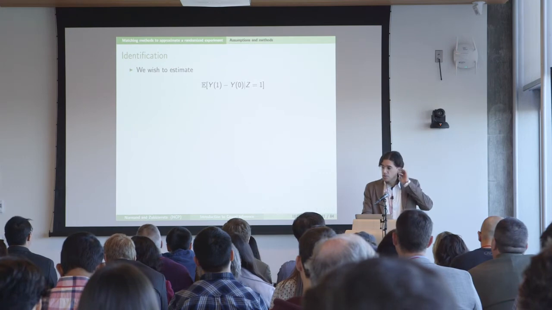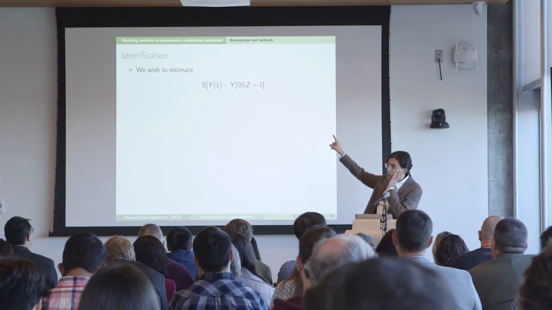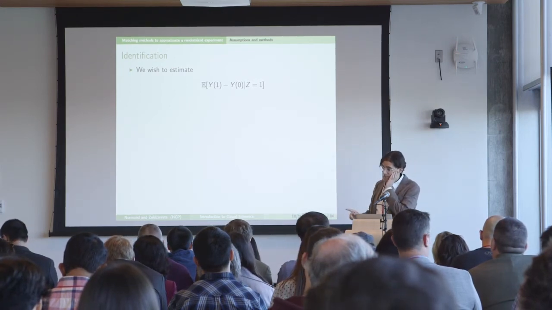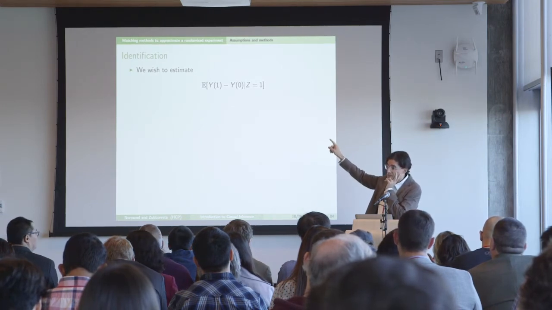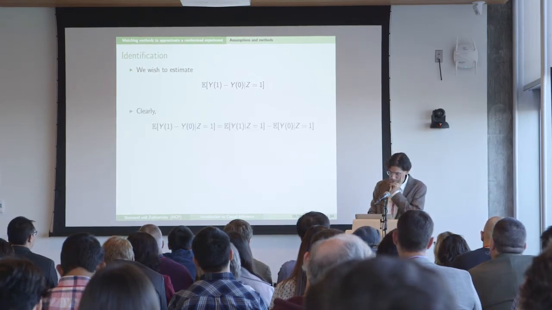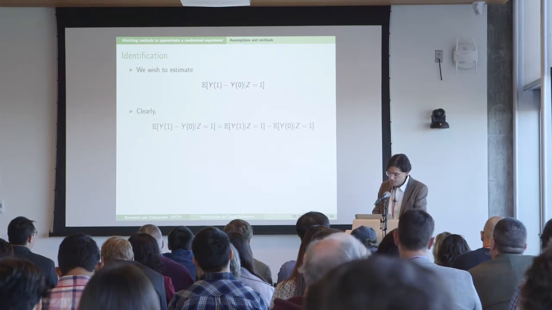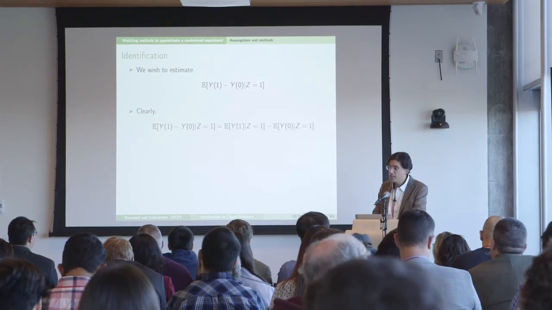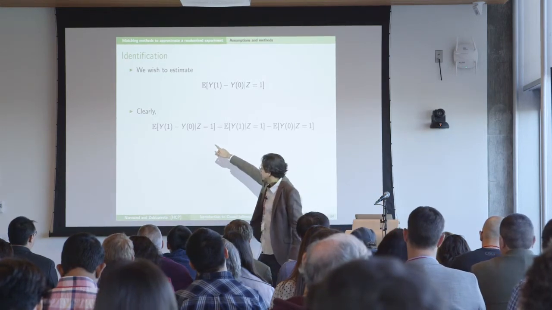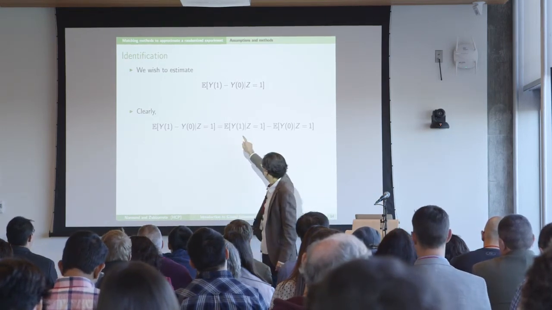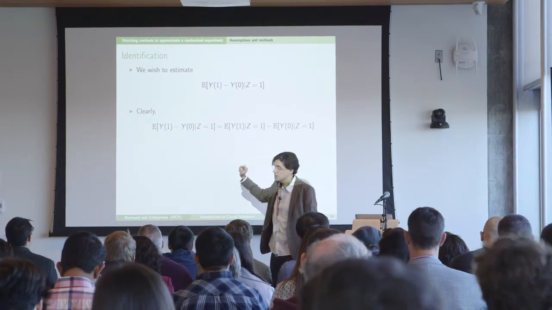Under these assumptions, we can see the quantity that we wish to estimate from the observed data. We wish to estimate the average treatment effect on the treated. Again, by linearity of expectations, we can break the expectation of the difference into this difference of expectations.